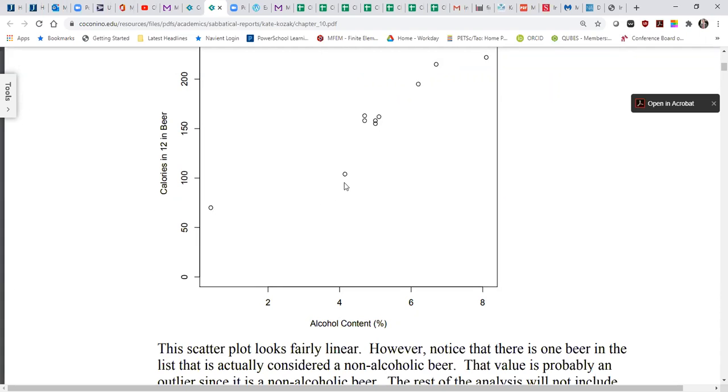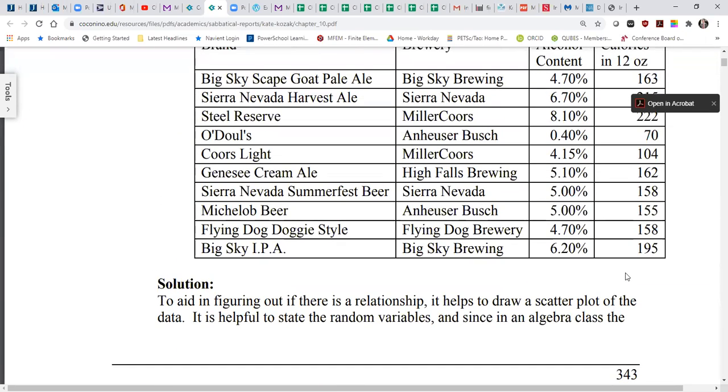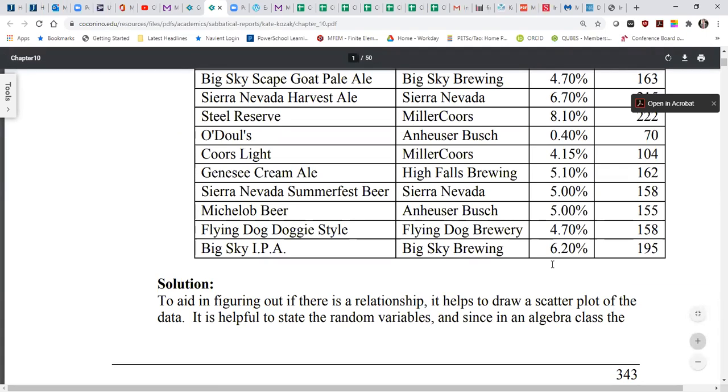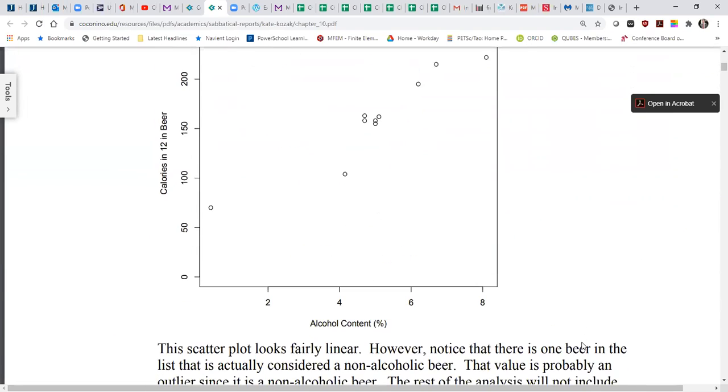Let's see this one. It is 4 something. You have 4.1, and then you have 4.7 and 4.7 again. For 4.1 you have 104, so 104 is around this point.